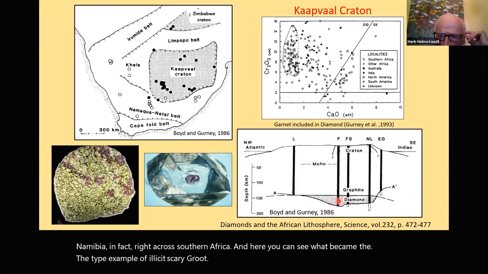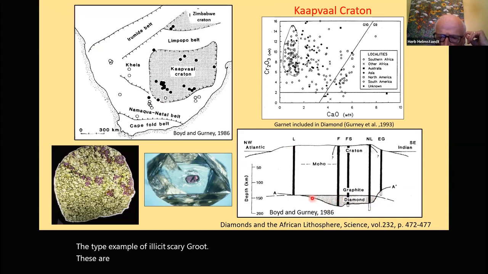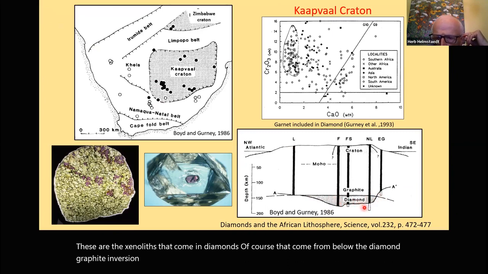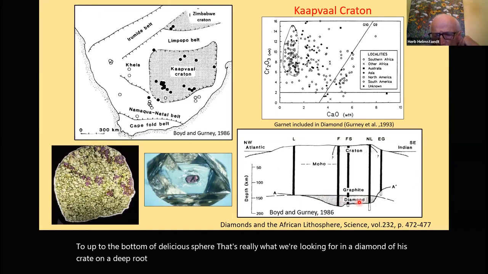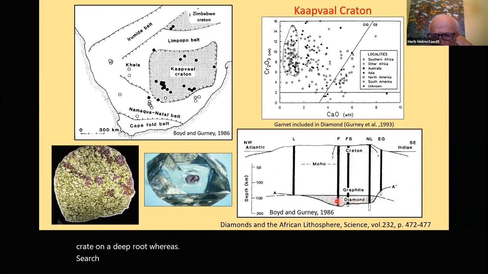These are the xenoliths that come with diamonds, of course, that come from below the diamond-graphite inversion curve up to the bottom of the lithosphere. That's really what we're looking for in a diamondiferous craton, a deep root with harzburgitic and depleted rocks in them.